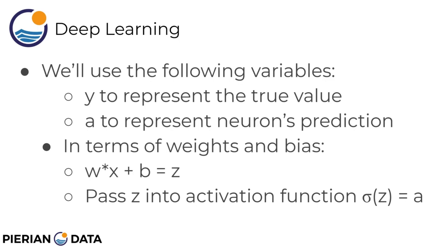All I'm trying to say is that a represents the final output of a neuron, which takes into account what the activation function was, and also z, which in turn takes into account the weights and the biases. So a, just keep that in mind, holds a lot of information. It holds information about the activation function, the weights, and the biases.